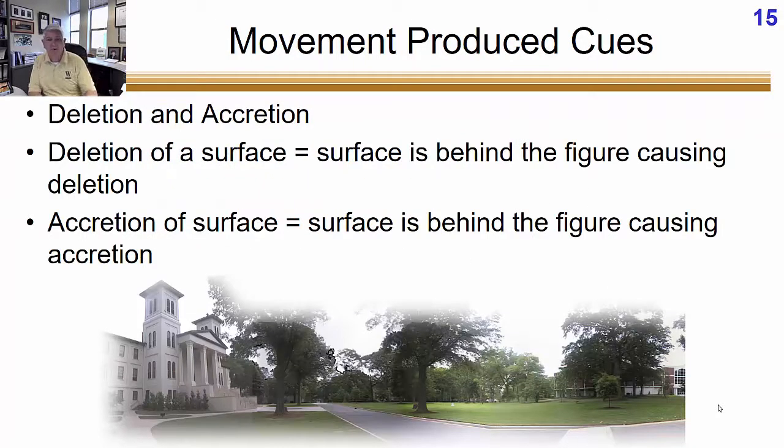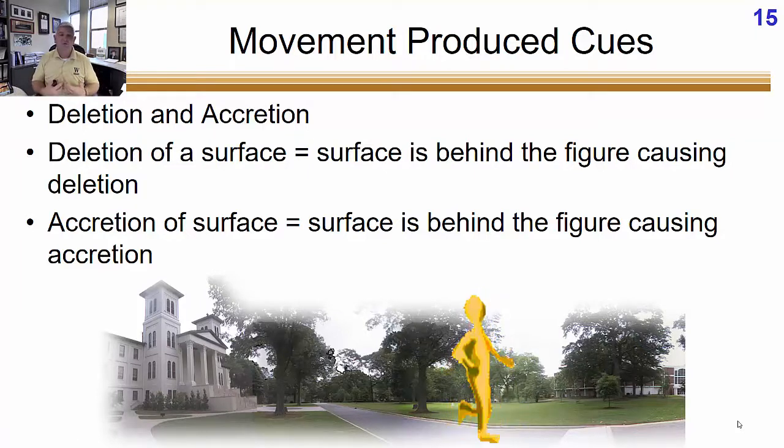Another type of movement cue is called accretion and deletion. So as I put this little yellow man walking down the road in front of Old Main here, we can tell that this person is located on the road, right? Because it is accreting and deleting as it provides occlusion.